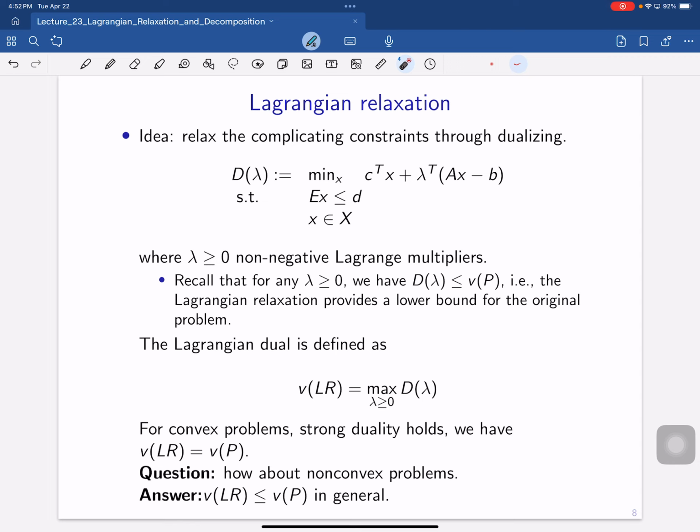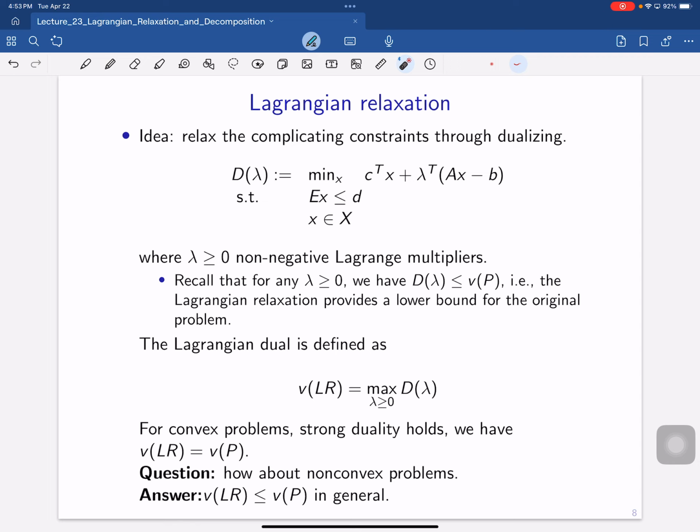Now, what about non-convex problems? In the problem definition we just gave you, it is clearly a non-convex problem. You have integer variables. So in general, you will have a non-zero gap for a non-convex problem.